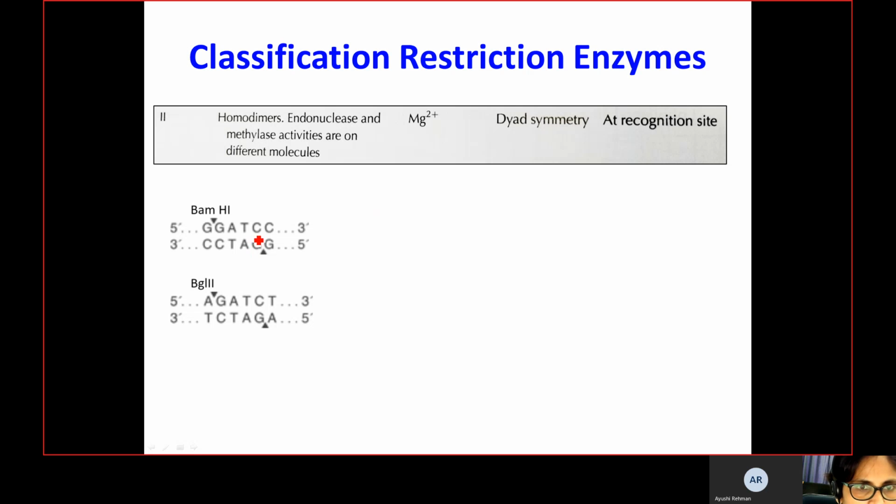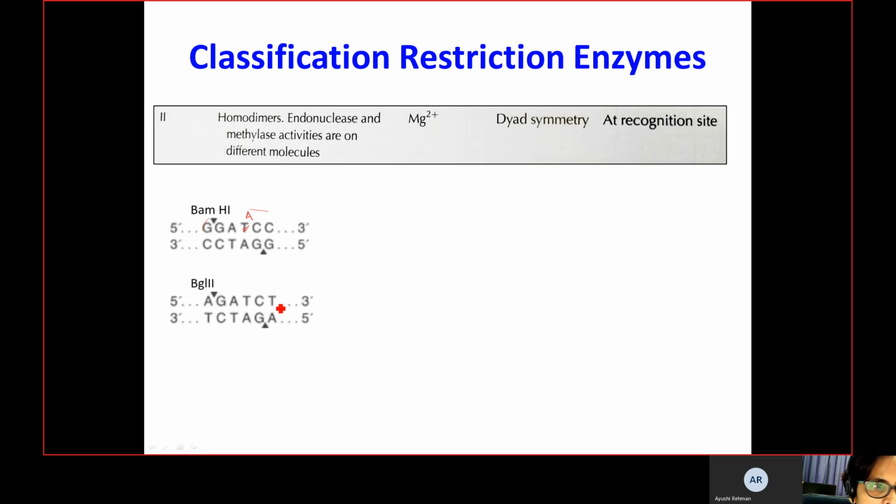For example, if you change GATC here to GACC, that means you have a point mutation at the place of T to A. This will lead to BamHI not recognizing the mutated site, and hence you will not have cleavage at this position.